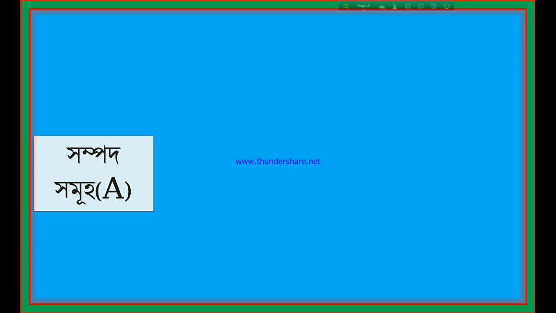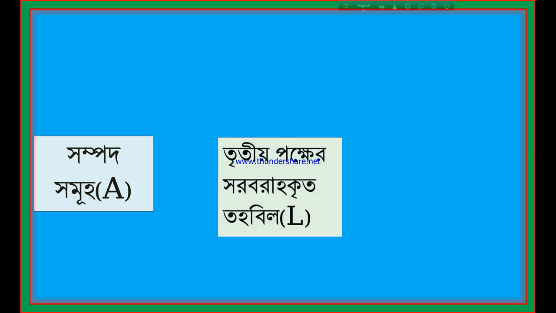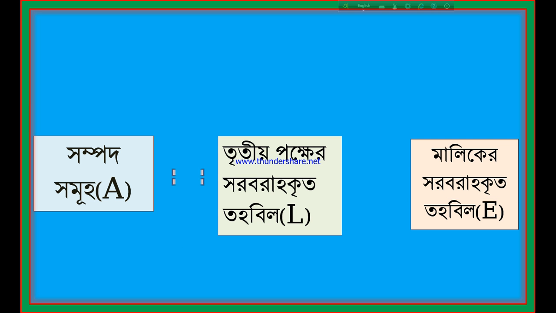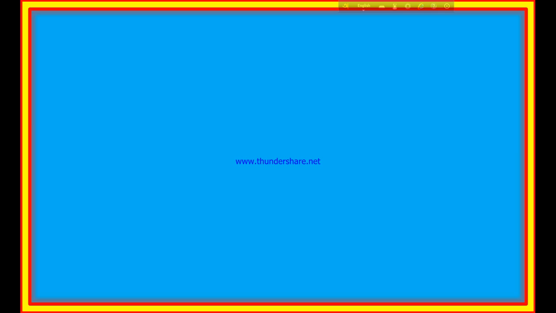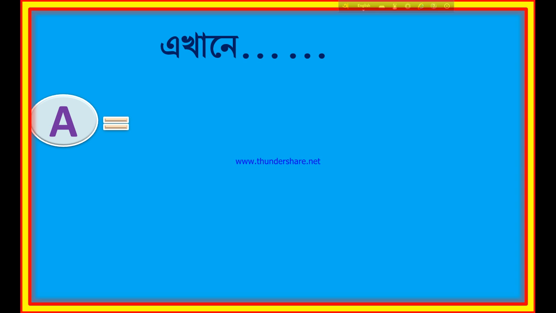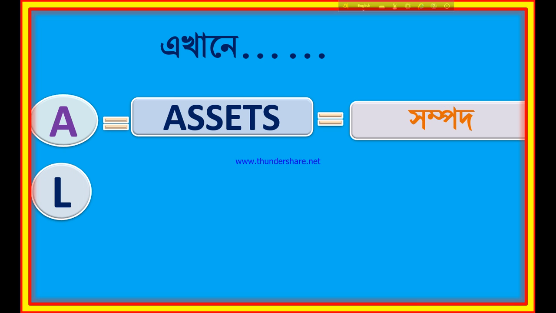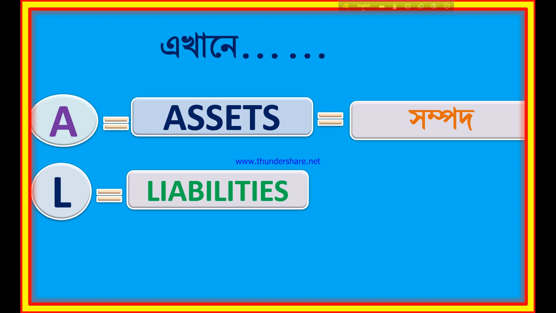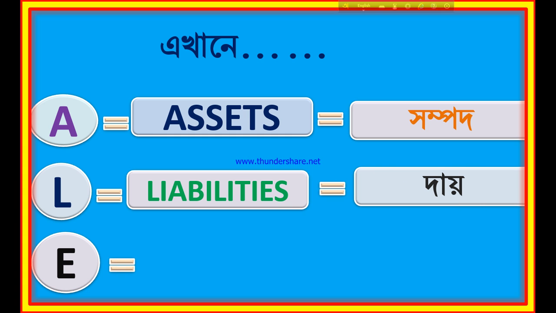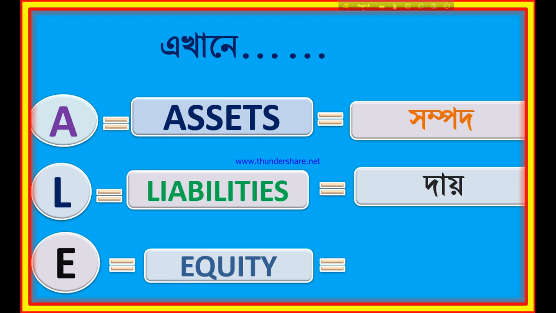We know very well assets equal to liabilities plus owner's equity, that means equity. Here A for assets, L for liabilities, E for equity.